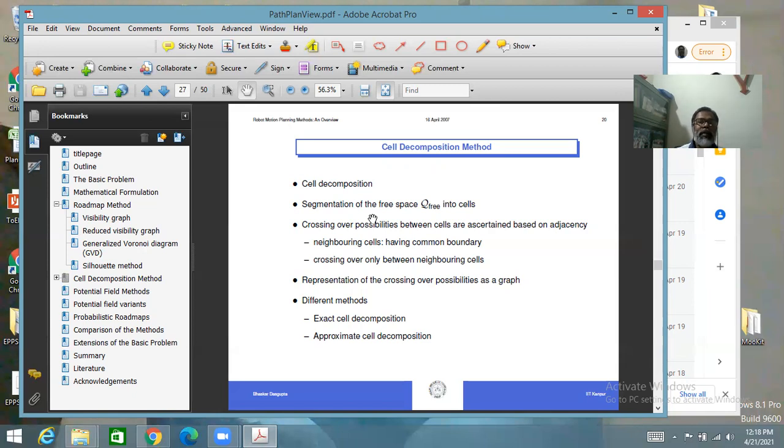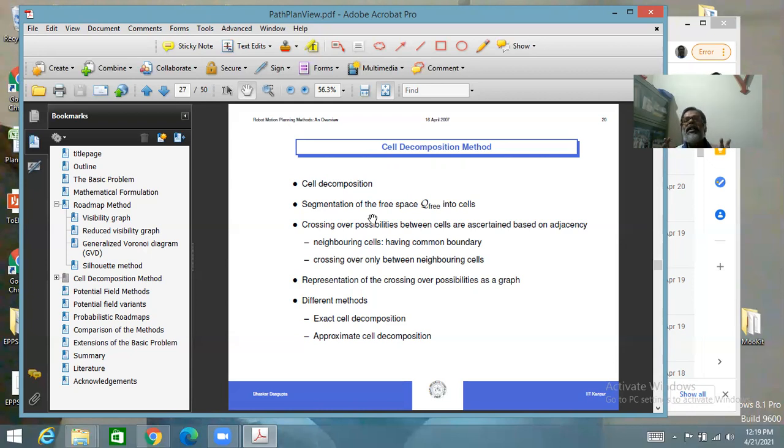However, in such a scenario, the shape of India will not fit properly as the requirement of a cell, because a cell should be such that between any two points within the cell, the connectivity should cause absolutely no problem. But there is a difficulty in taking arbitrary shapes as cells.